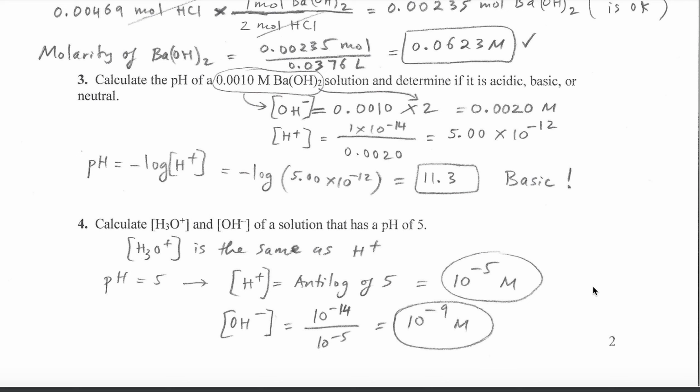Okay, that's how you figure out H plus and OH minus molarity from a given pH. Remember, always put the minus sign. Always. When you calculate pH, you always put the minus sign too, all right?